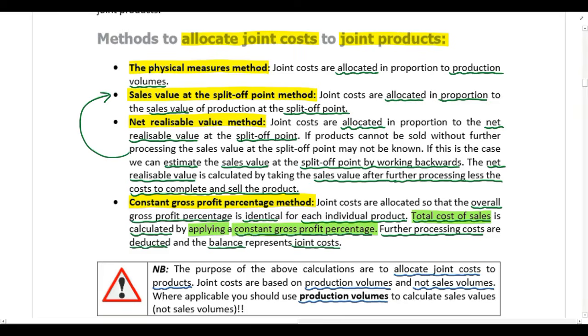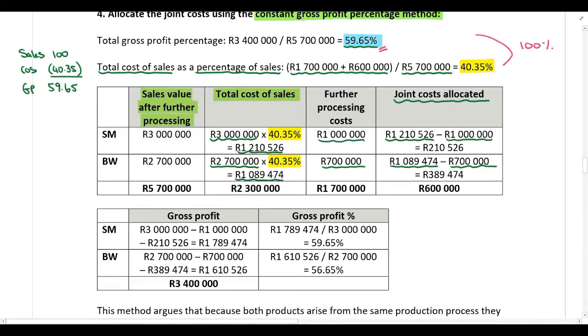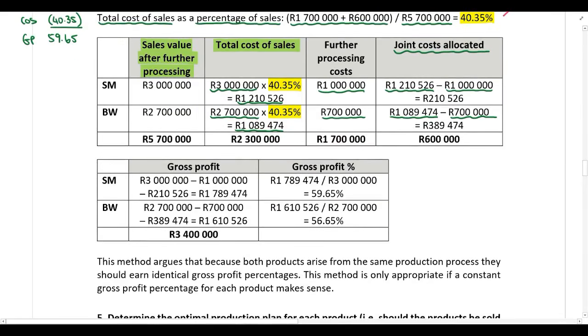Again, if you go back to your lecture notes, the further processing costs are deducted from the total cost of sales, and the balance represents your joint costs. So you'll see the total joint cost is 600,000 Rand, and we can see exactly what portion is allocated to SM and to BW.